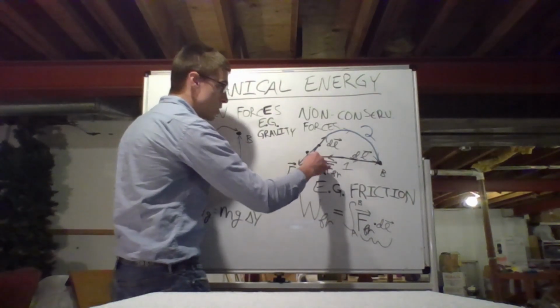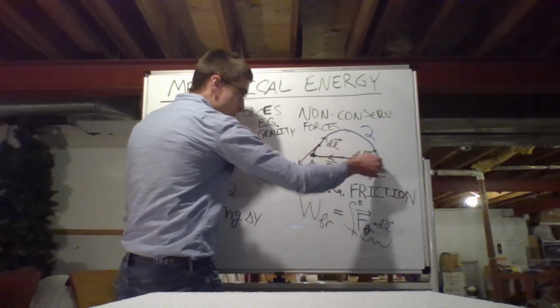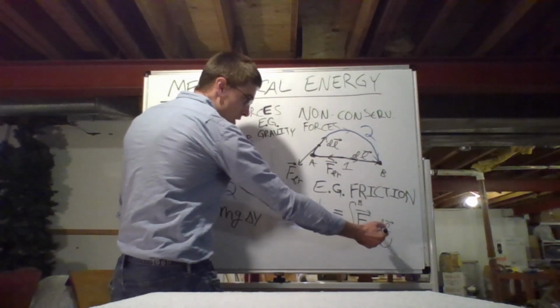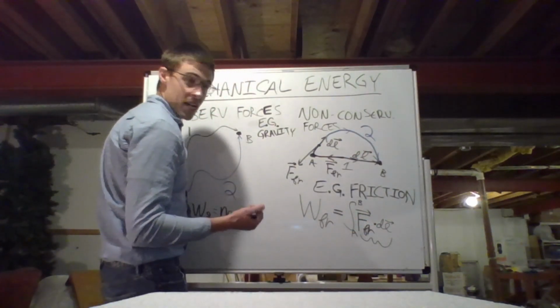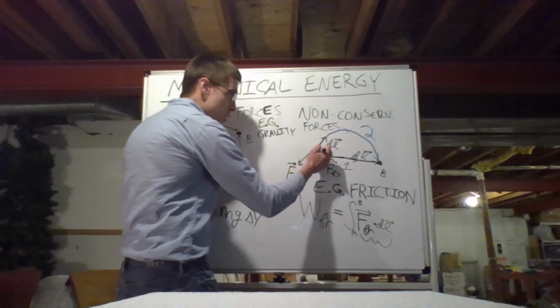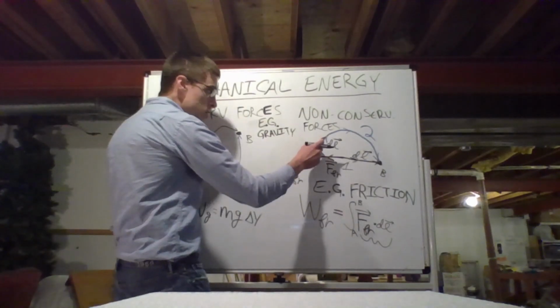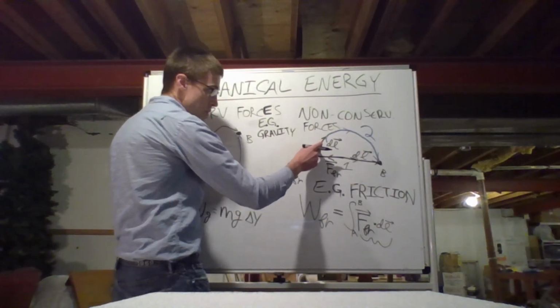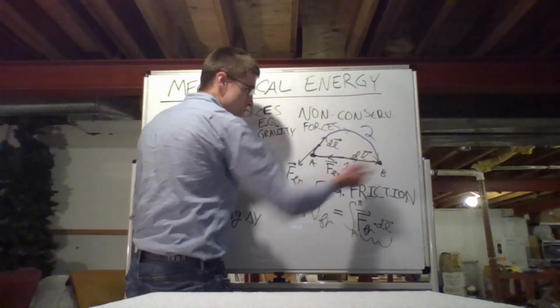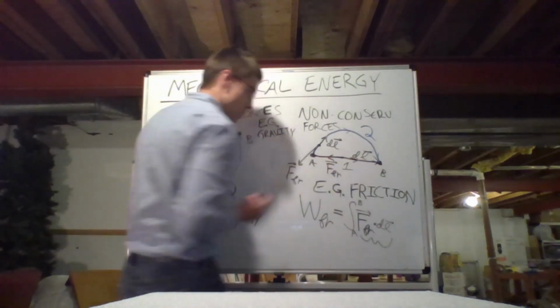Doesn't matter if I go in this path or that path, every small element will add up. And since there are more elements going this way, because it's a longer path, I end up with a larger amount of work done by friction going around in this trajectory than I do going straight across.